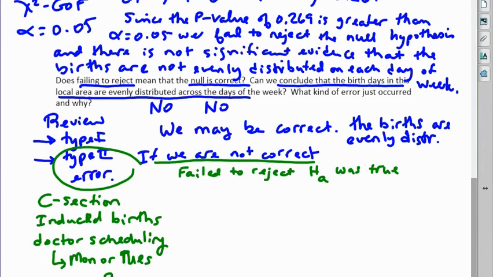We have just committed type 2 error because the alternative was the truth, but we failed to reject the null. HA was the truth. We made a mistake. That is a type 2 error.